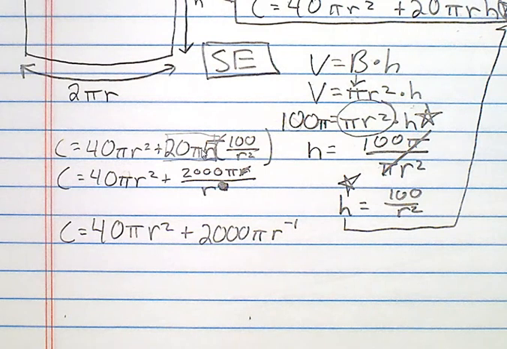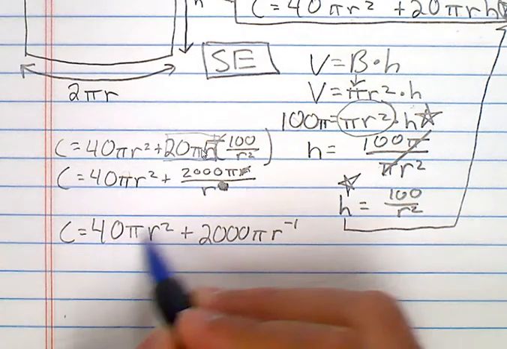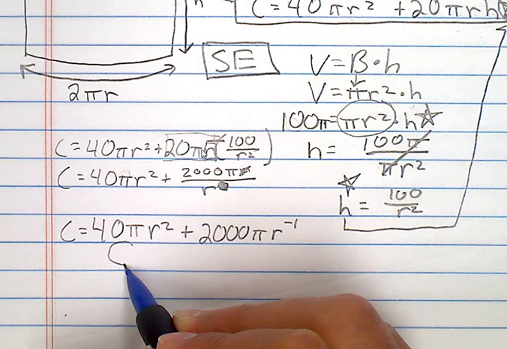Power rule. That 40 pi, that 2,000 pi, they do not matter. They do not matter. They should not stop you from doing what you're doing. They're multiplying constants. You don't care about them.